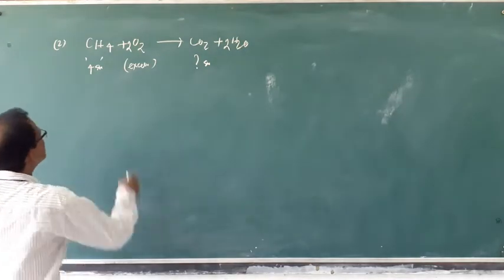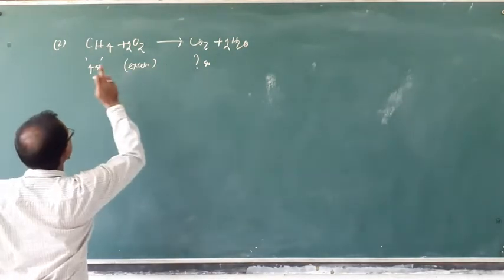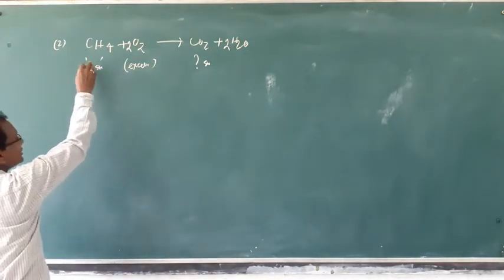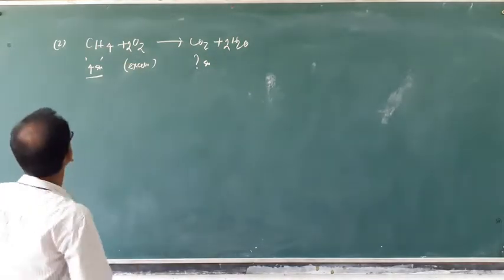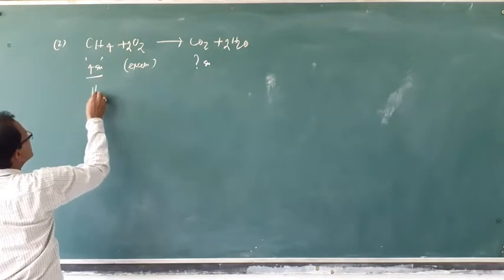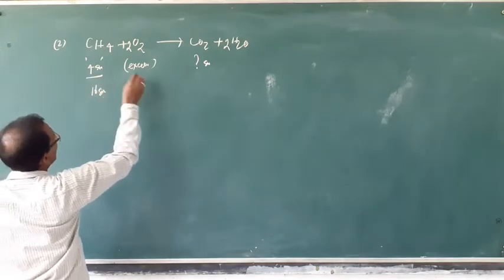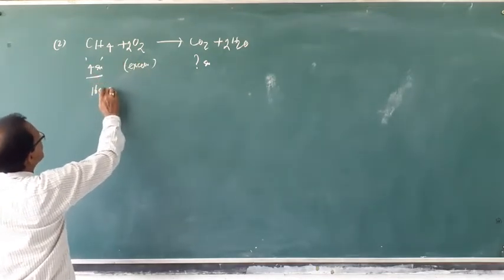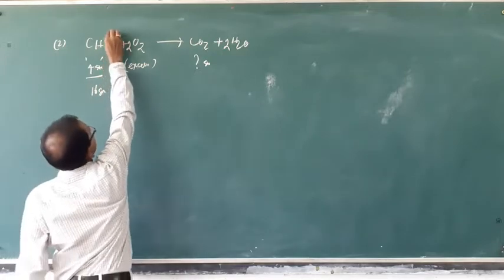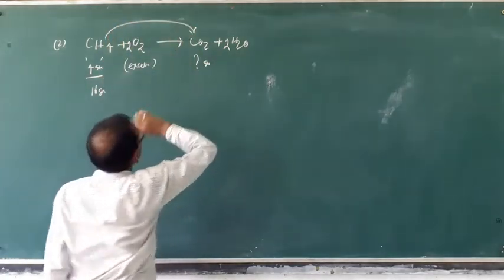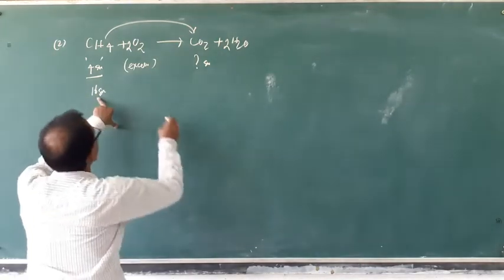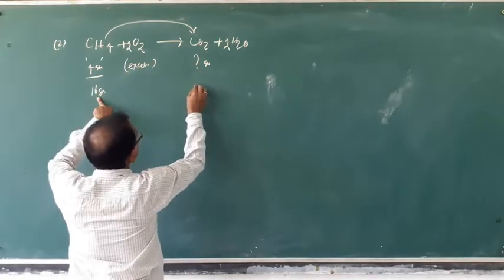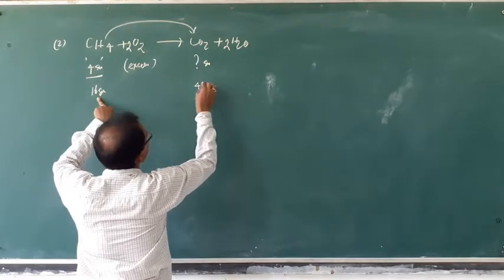So you will see the ratio as per the equation here. As the question is given in gram, you have to convert into gram. CH4 is 16 gram, and as per the question, the relation is between methane and CO2. So you take these two, don't take all. So 16 gram as per the equation produces 44 gram CO2.